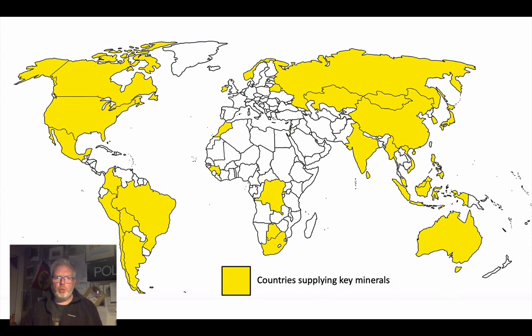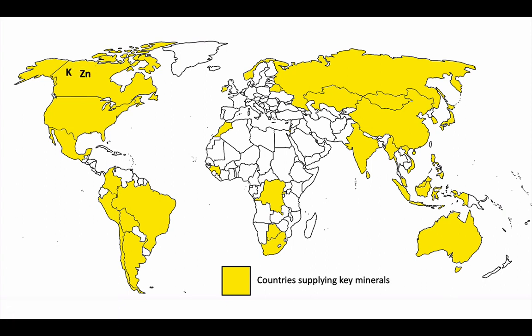You can see that there's a wide variety of countries from across the globe that can be providing the elements that are in the phone that's in your pocket. If we look at where those elements come from, you can see that there are some countries that are major producers of elements that we need to build modern electronics.